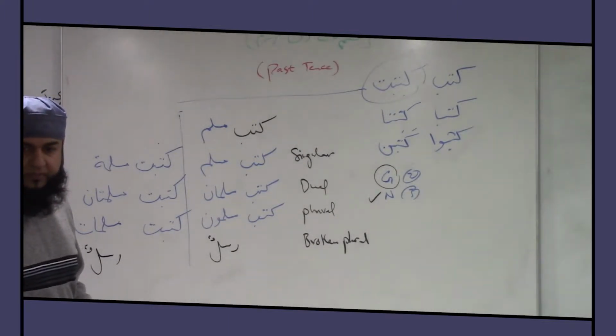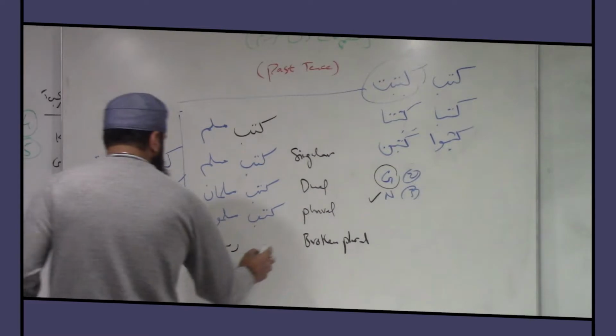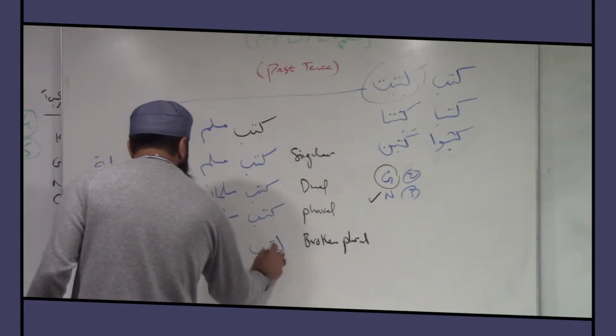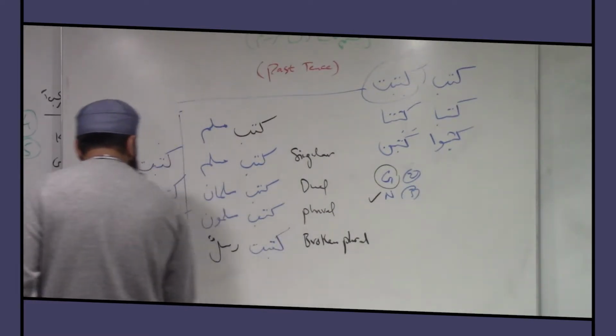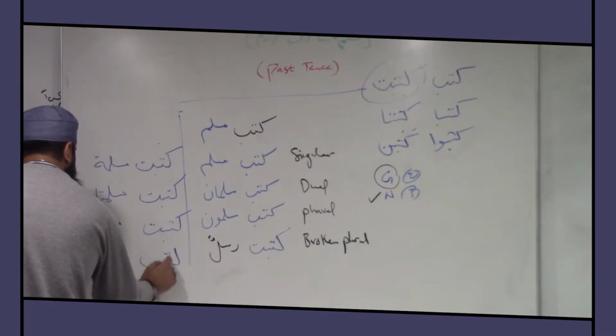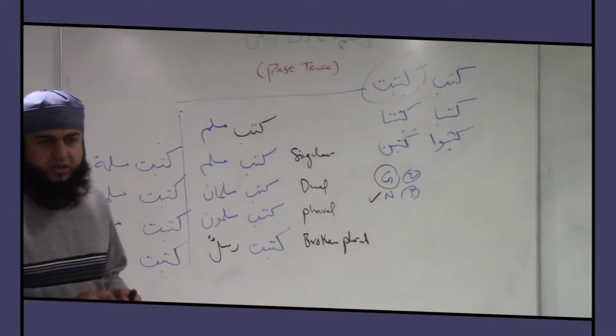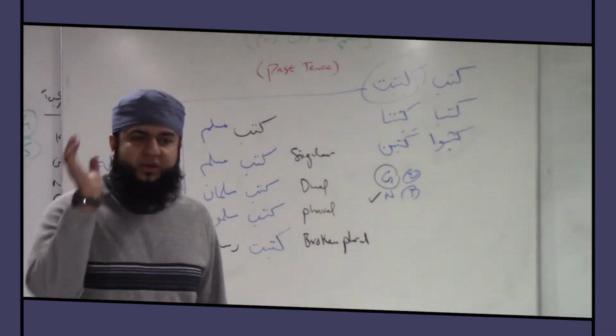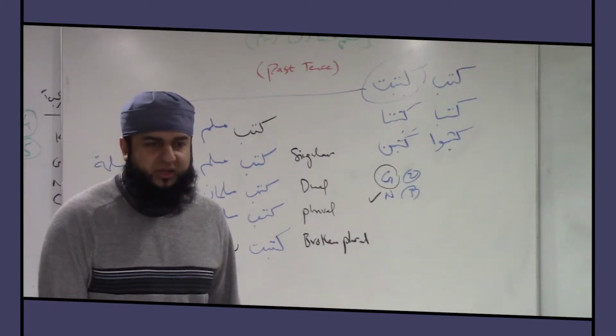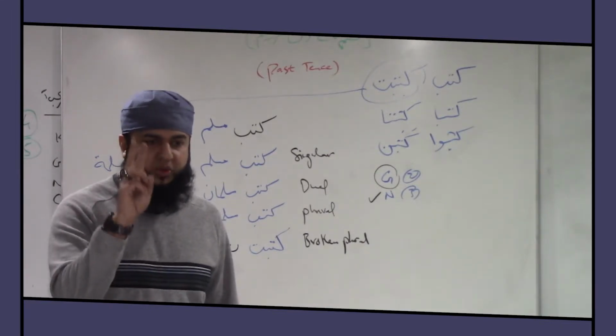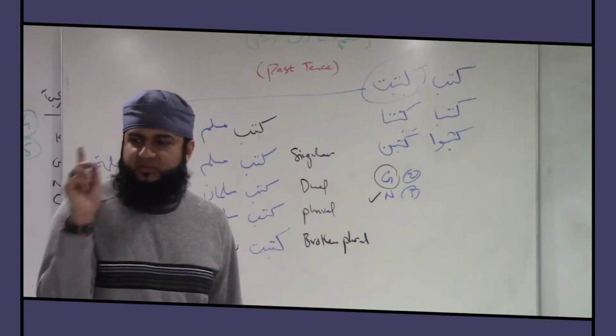Kataba for the masculine, it's gonna be again singular and feminine. You got it? This is a very old rule, it's not a new thing. The broken plural always goes with the singular feminine.